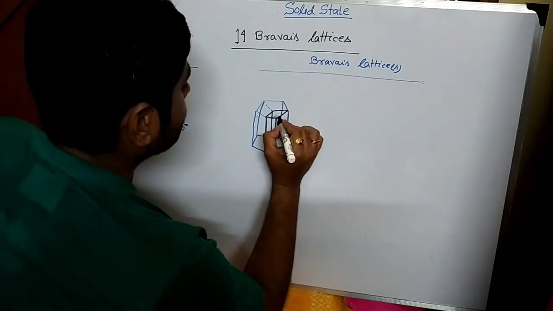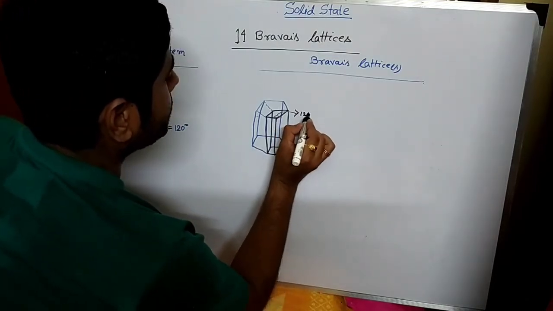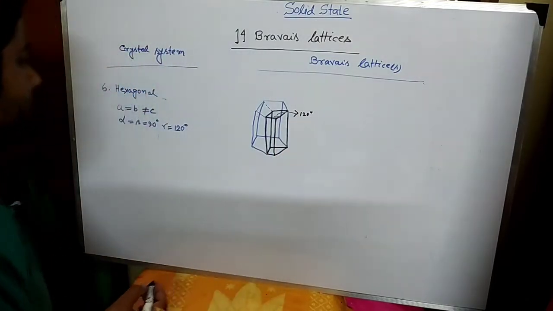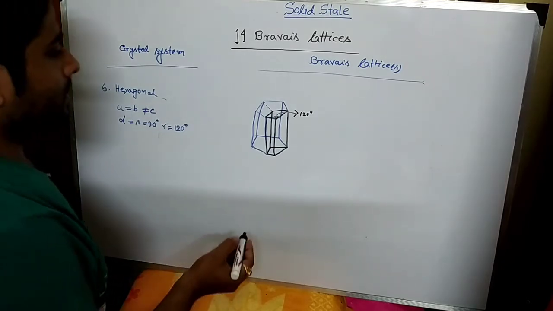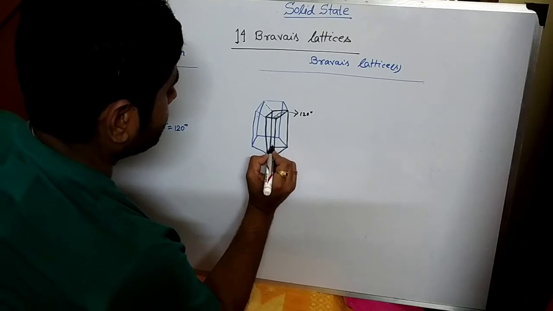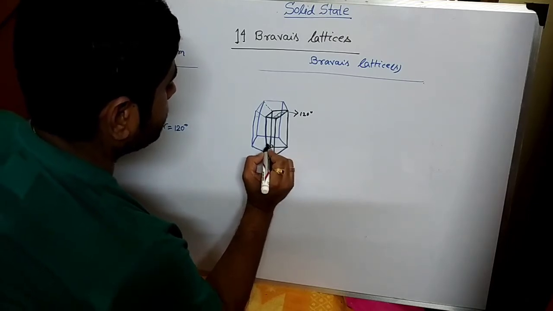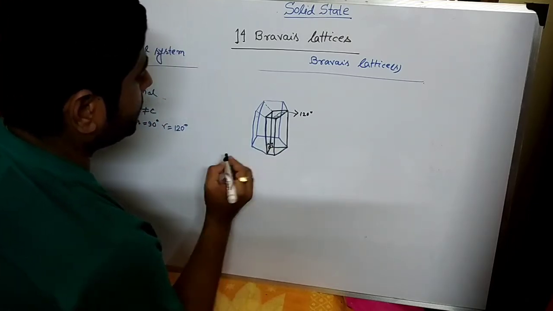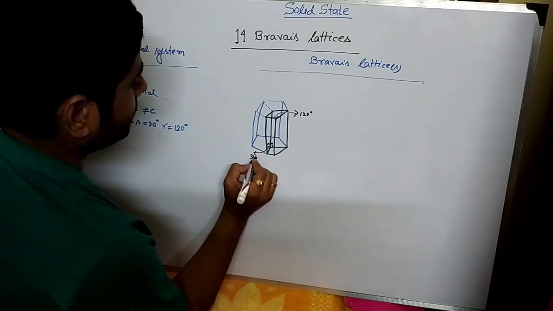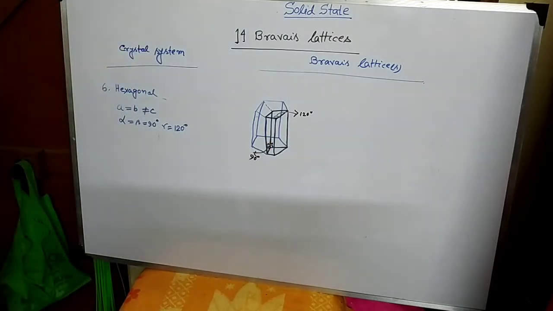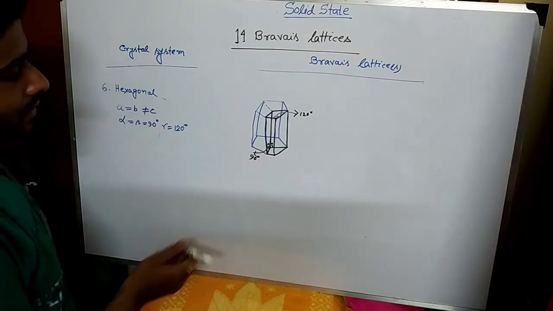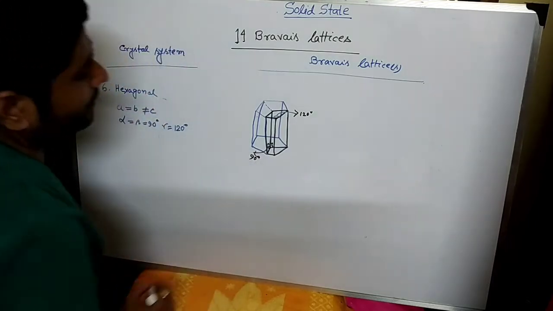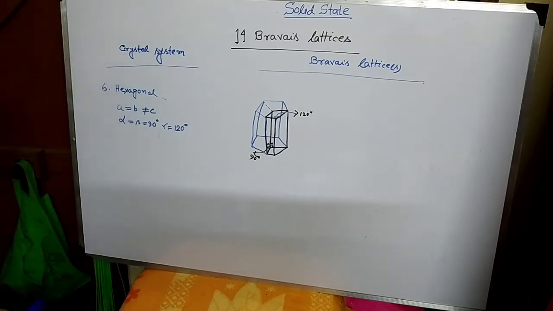Here this is 120 degree and other angles are 90 degree, alpha and beta, these are 90 degree. For this hexagonal system we will get only primitive type of Bravais lattice.